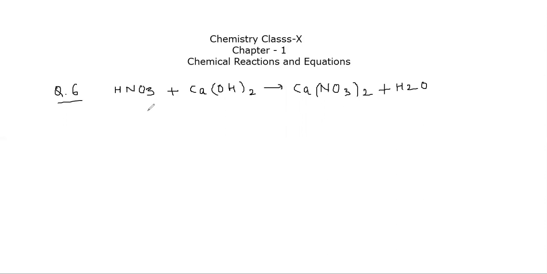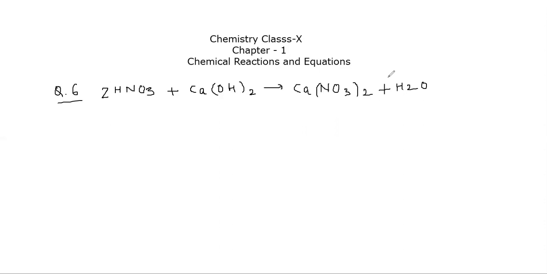So first of all, let's balance NO3. We put 2 here. So after putting 2, H becomes 4 in LHS and NO3 is balanced. Now let's see hydrogen.